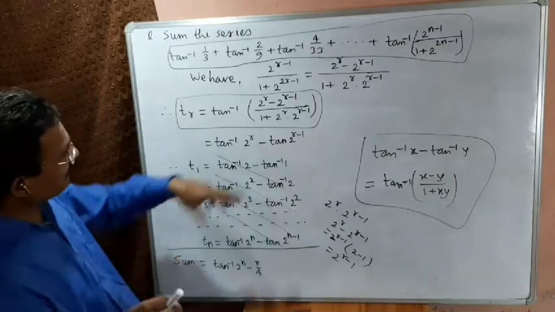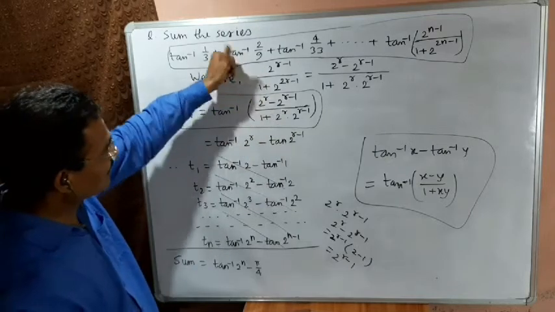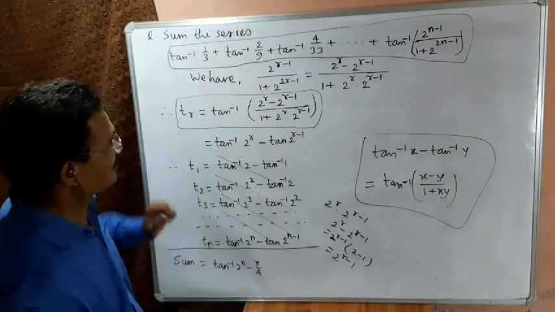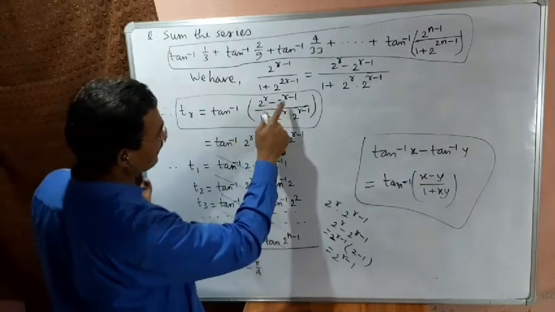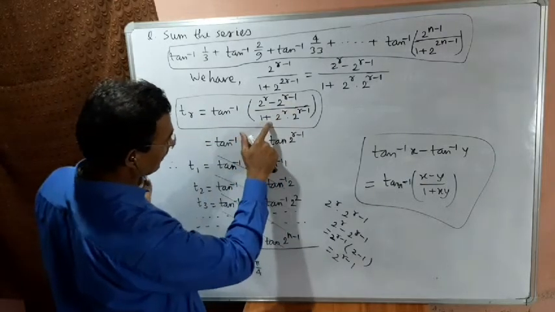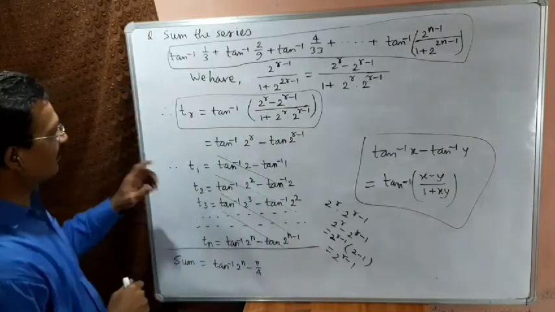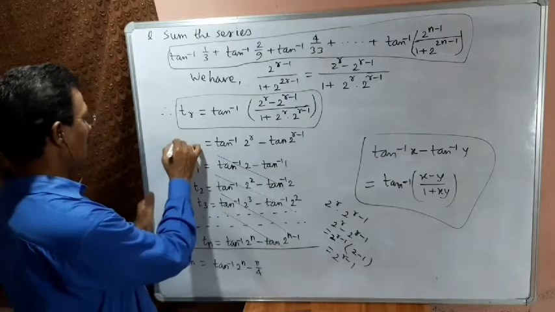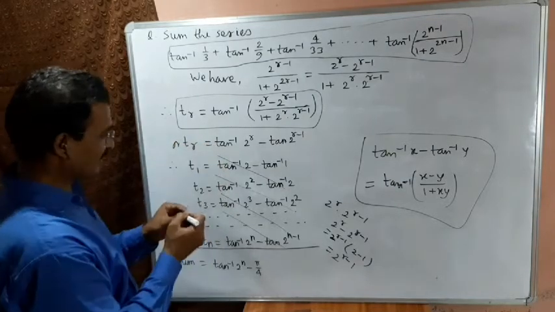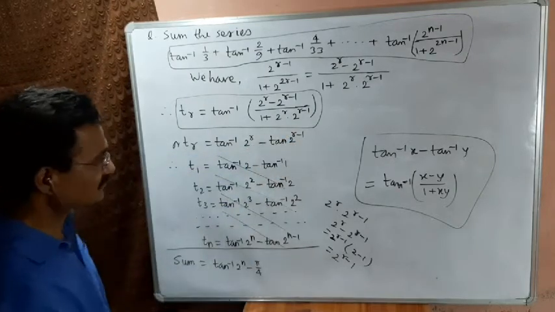So we have split this like this, and the numerator is expressed like this. Now this is in the form tan inverse (x minus y) upon (1 plus x into y). And now we can write, therefore, Tr will be equal to tan inverse 2 to the power r minus tan inverse 2 to the power r minus 1.